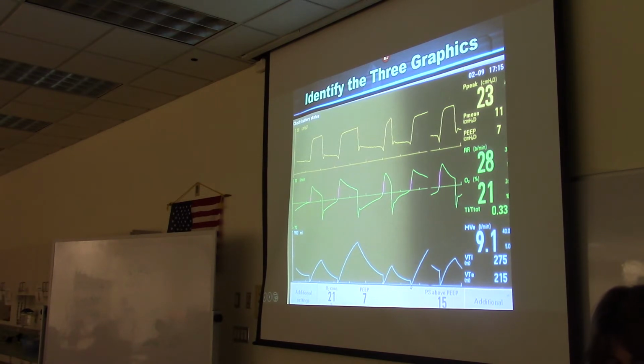See how it's resetting itself, and then the breath starts. And even when you see VTI and VTE, the ventilator put in 275 mLs, and only 215 mLs came back out. So as a therapist, you check your circuit. Well, we go through all of that later on, but that's what you do, is you look to find out where it's leaking and you fix it.